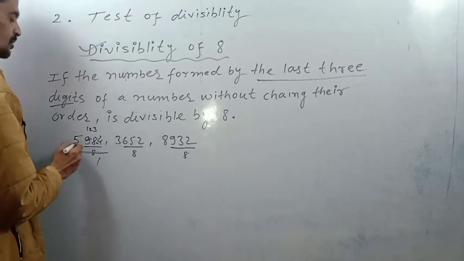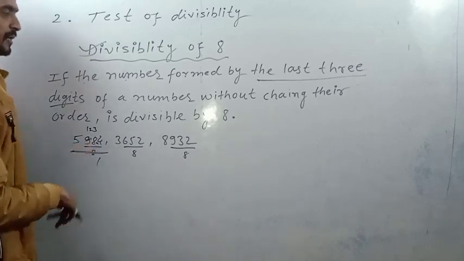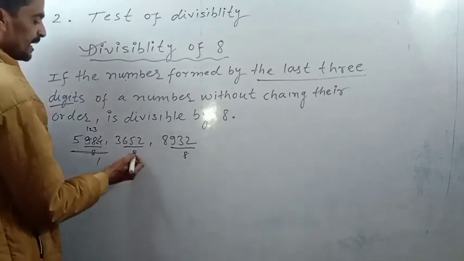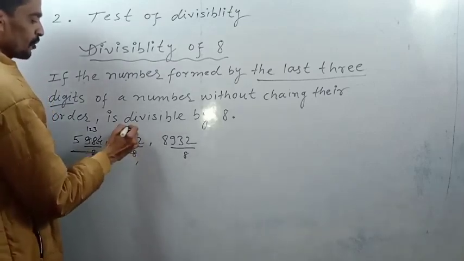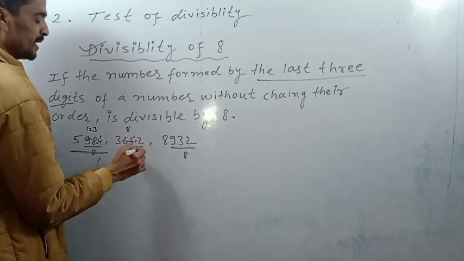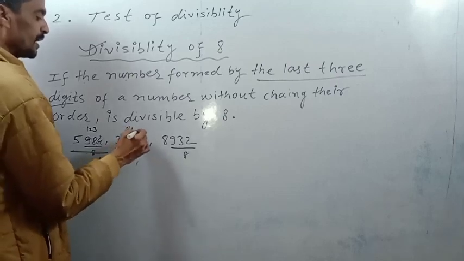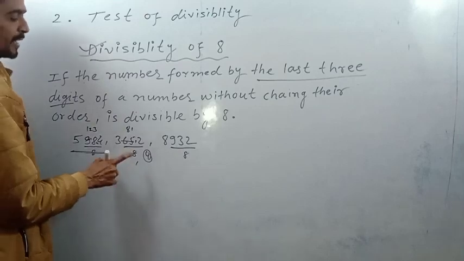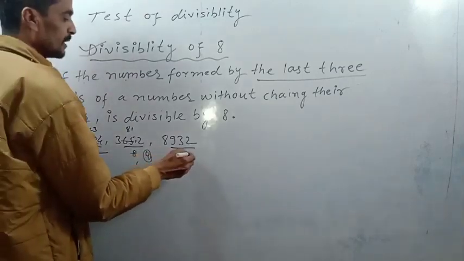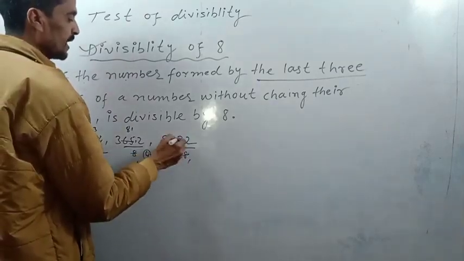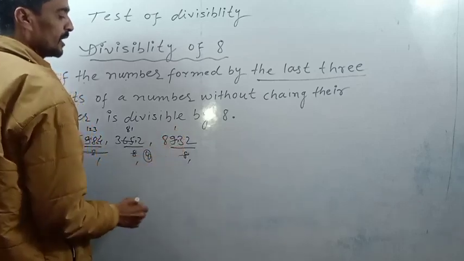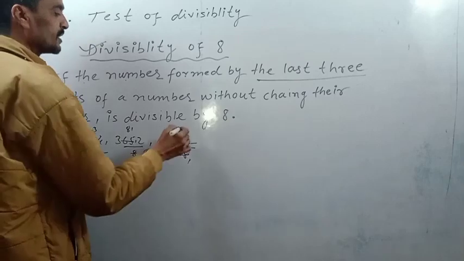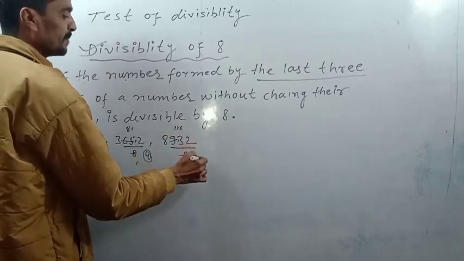So 5984 is perfectly divisible by 8. When we divide, 8 8s are 64, 1 remains, and 8 ones are 8 and 4 remainder. So this number is not divisible by 8. And here 8 ones are 8, 8 ones are 8, 1 remains, 13, 8 ones are 8, 5 remain, 8 6s are 48 and 4 remainder.